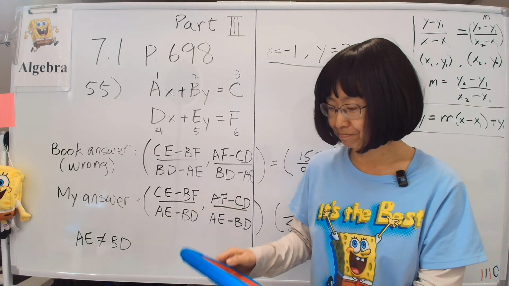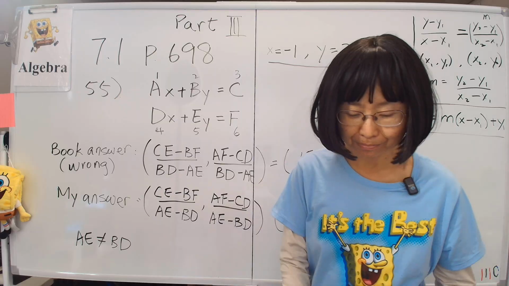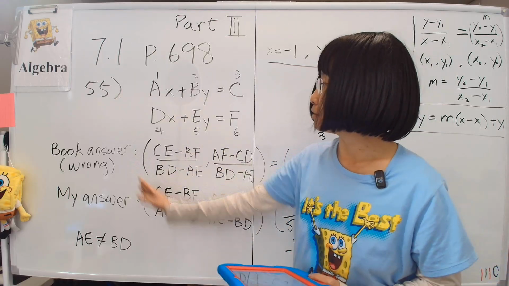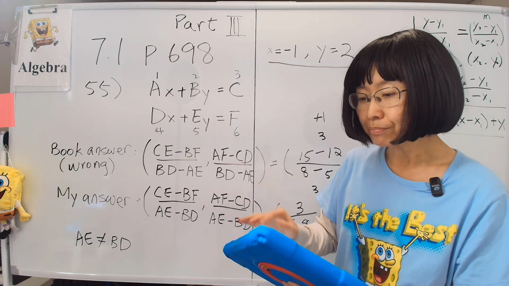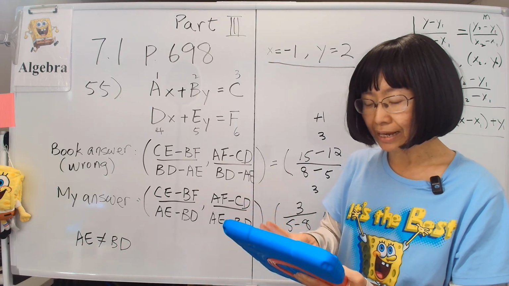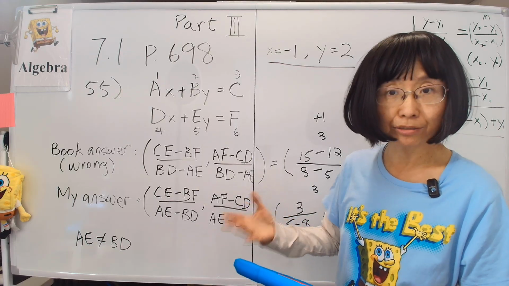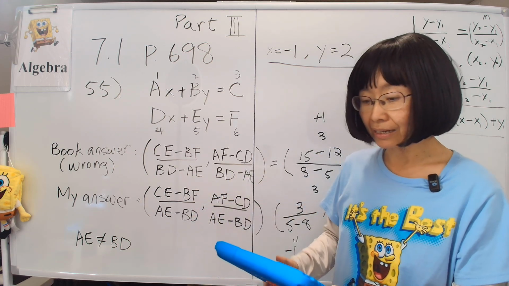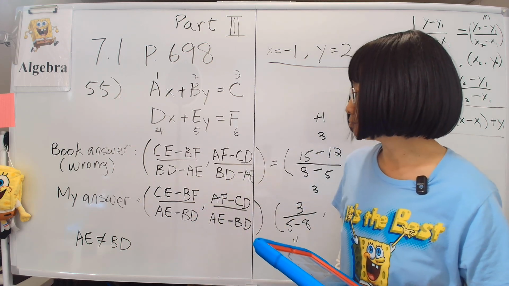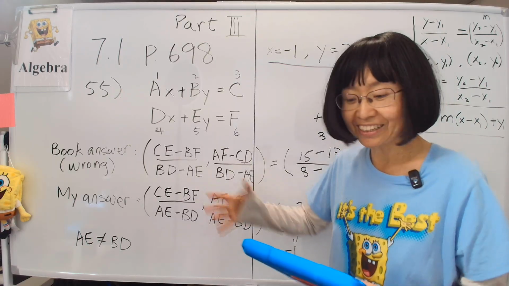Anyway, I want to be very clear on why I'm so positive that the book answer is wrong. Most of the time, the book answer is correct, especially in a class like algebra, where the problems are usually fairly short, so it's unlikely for the book to get it wrong. But this time, I don't know what they did, really.